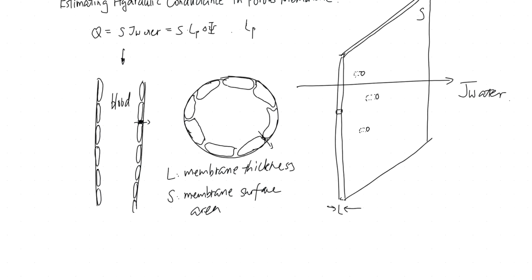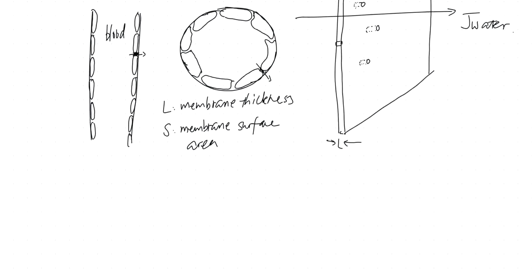Now, given this picture, this flat membrane is a generalized idea of the blood vessel. So suppose you cut your blood vessel and you stretch it and you get a membrane like this. Now let's consider two scenarios. One is, as I draw in this illustration, your membrane has pores which are cylindrical. So each pore is a tiny cylinder.